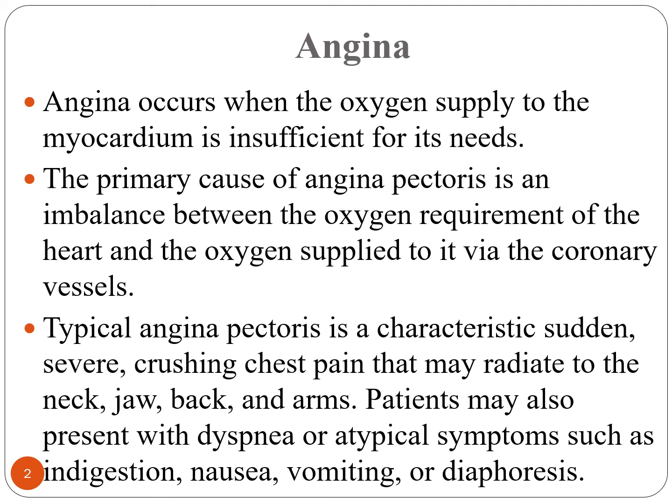These include indigestion, nausea, vomiting, and diaphoresis, sweating. These are atypical symptoms of angina, but the characteristic symptom is crushing chest pain with radiation to the neck, jaw, back, and arms.